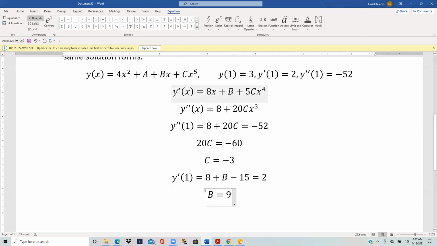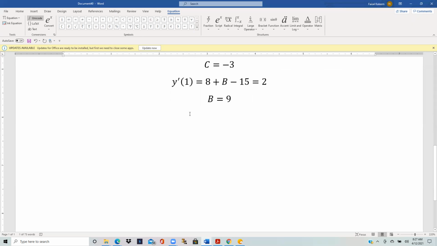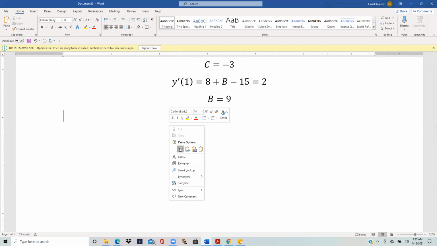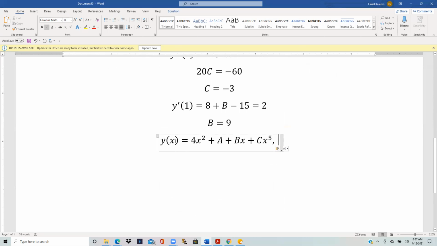And now we come to the first one. So y at 1 is what we need. So 4x squared would just be 4. And this is just going to be b, and b was 9, so this is 9.